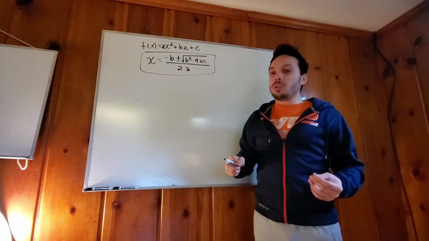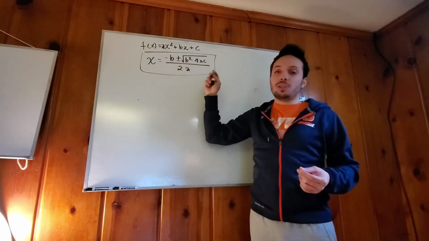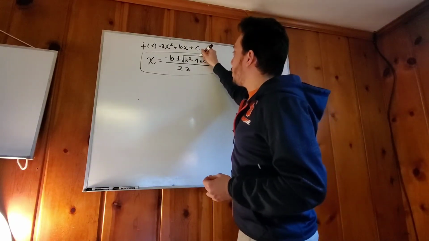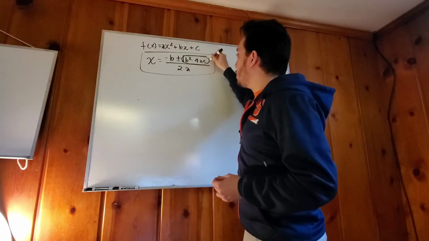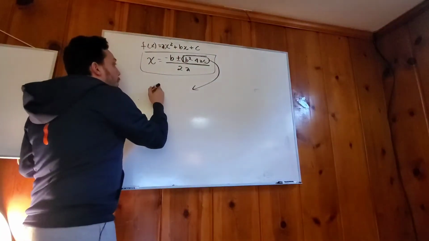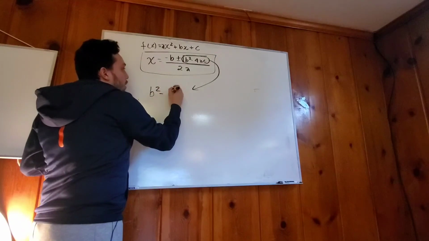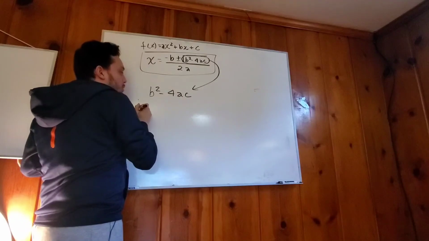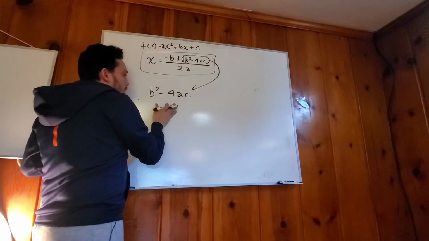However, today we're talking about the discriminant, and it has to do with something here. The discriminant is b squared minus 4ac. So what does it tell us?